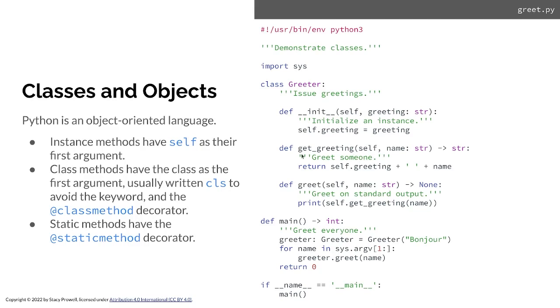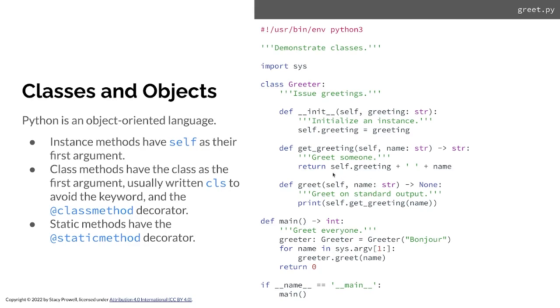And so for get greeting, I will take self, I'll take a name argument, and I'll return my self greeting plus a space and name. And then for this one, I will actually print it out. So get greeting will return a string to me. Greet will actually print it out at the prompt.